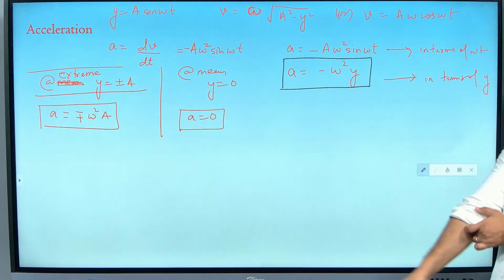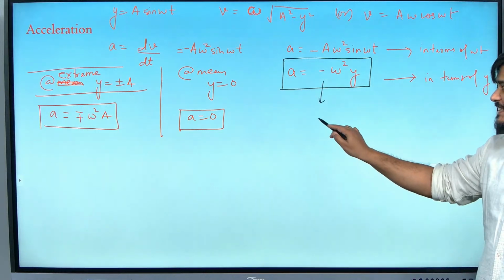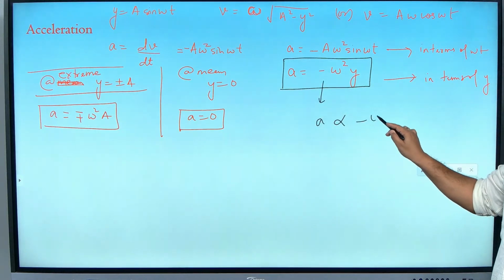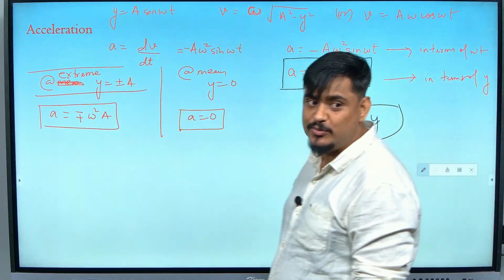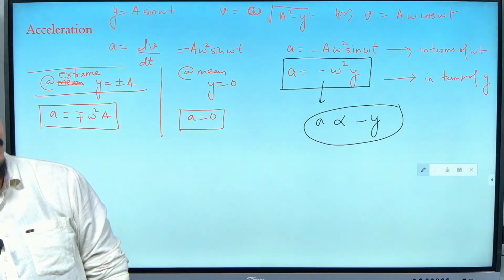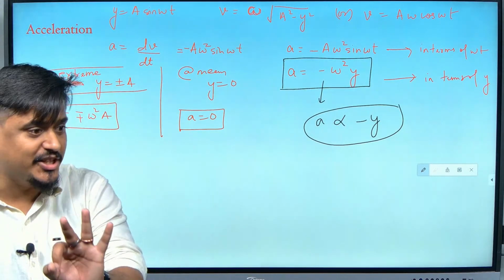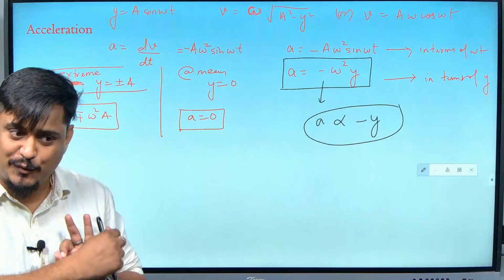See here, acceleration is negative omega square y, isn't it? It means acceleration is proportional to minus y. What I said, for oscillatory motion to be simple harmonic, there are three conditions. First, harmonic function satisfied.